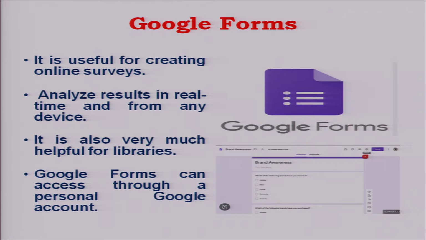If users find any problem or issue while using a particular service, we can modify our services according to their feedback. Google Forms can be accessed through a personal Google account.